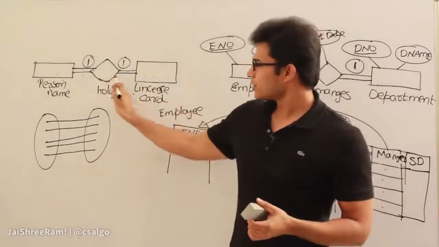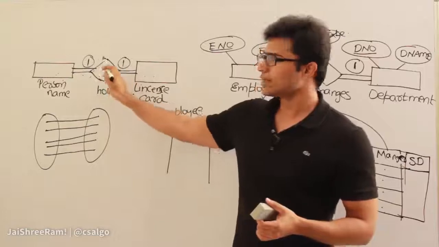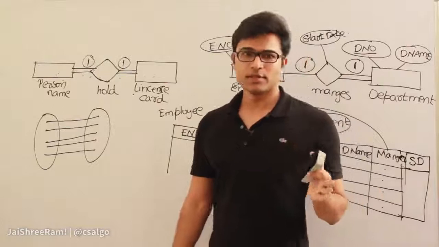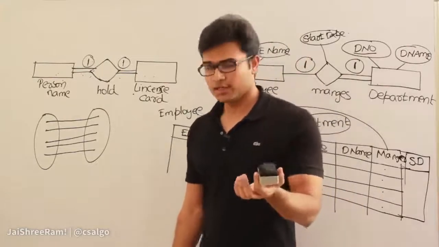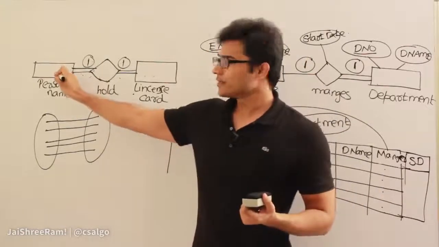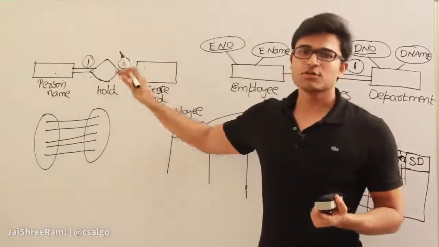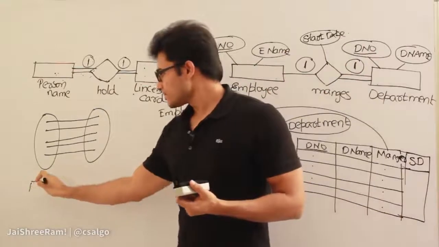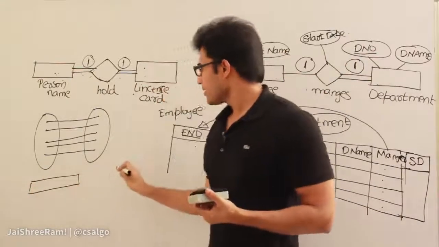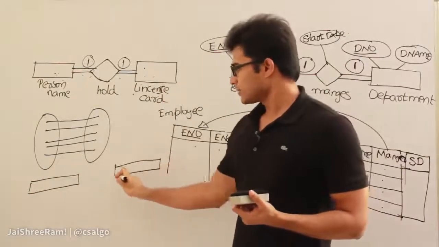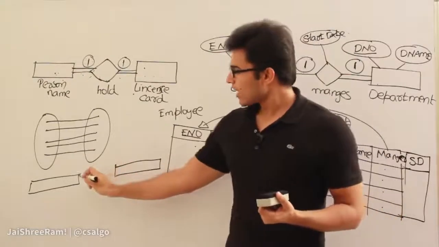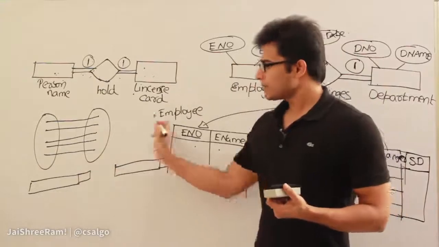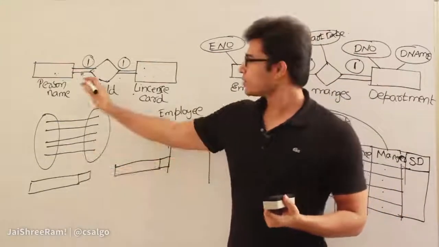So whenever there is total participation with one-to-one cardinality, you can derive that the number of entities here is equal to the number of entities here. So in this case you can use the same method, which means you can have the person table and the license card table, and you can include either the license number here or the person ID here, and make the other side refer to it because both are total.